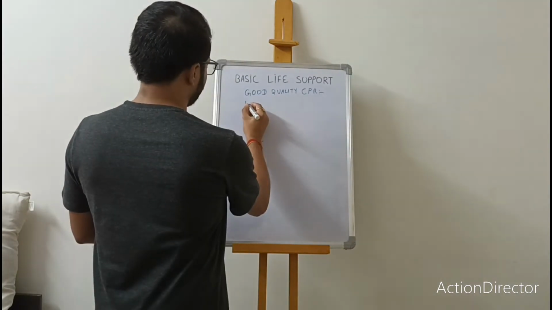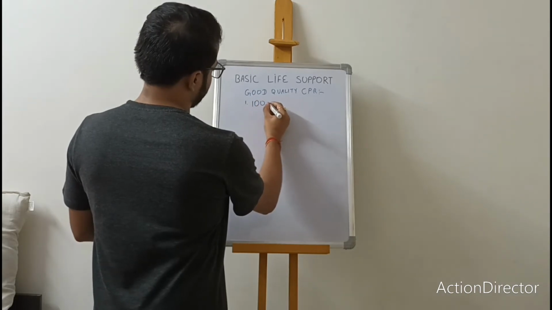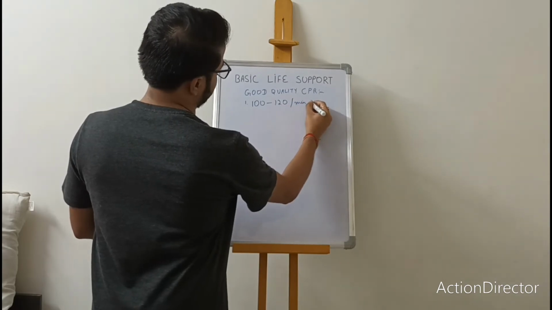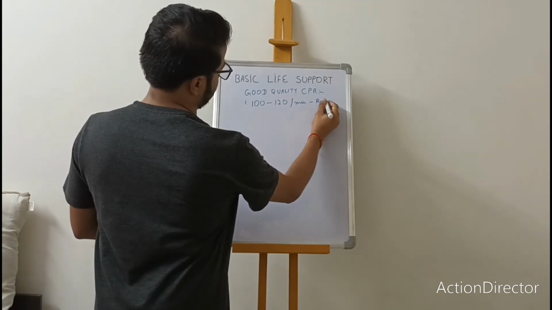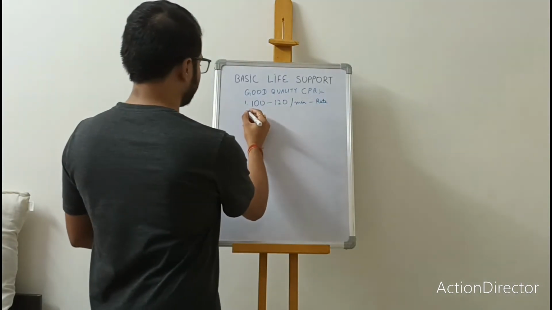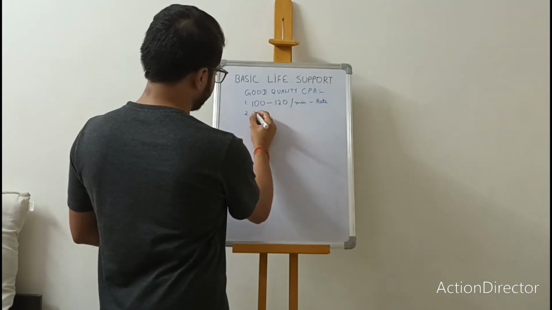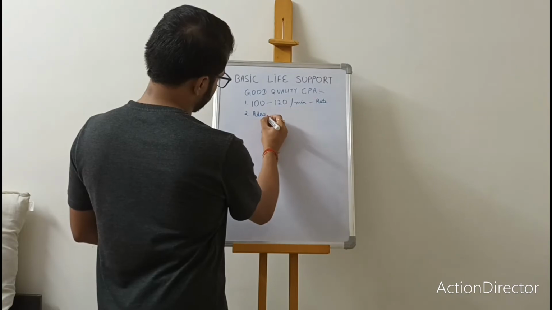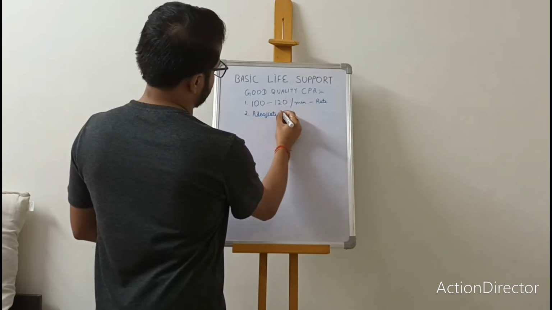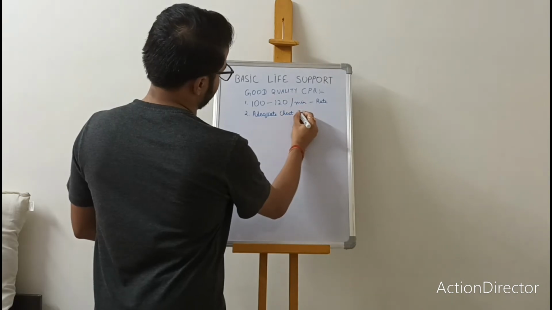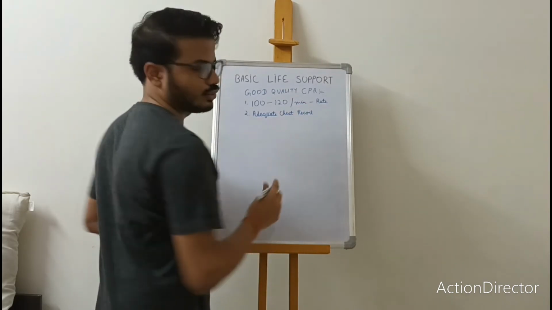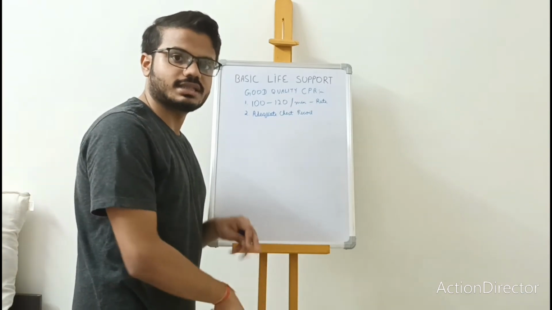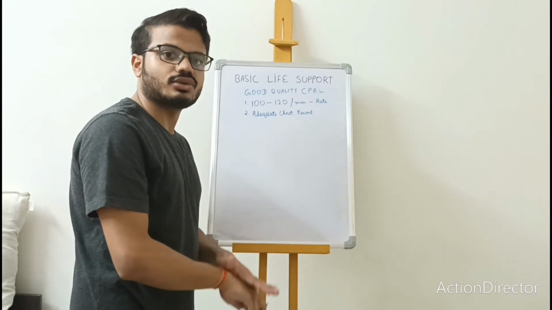For a good quality CPR, it should be 100 to 120 per minute. Then there should be adequate chest recoil while giving the CPR, and your elbow must not bend.